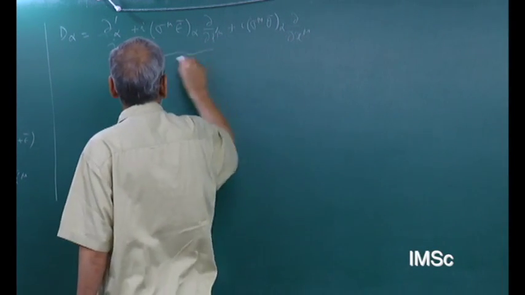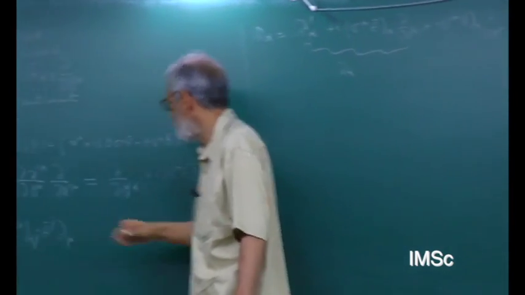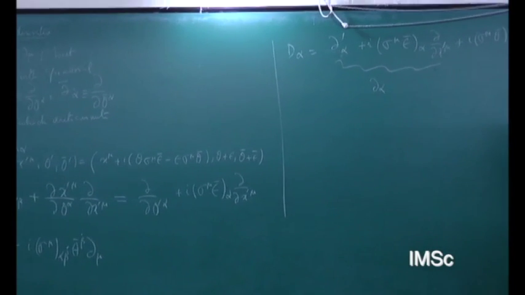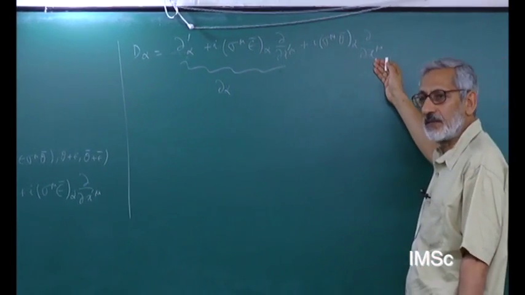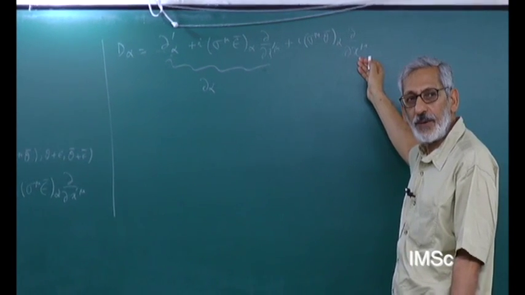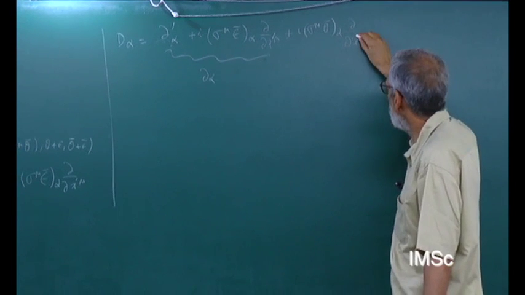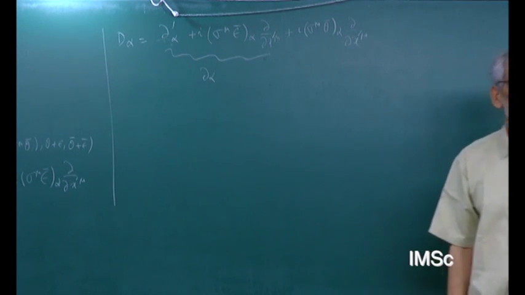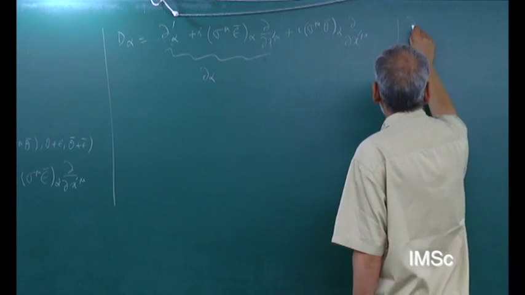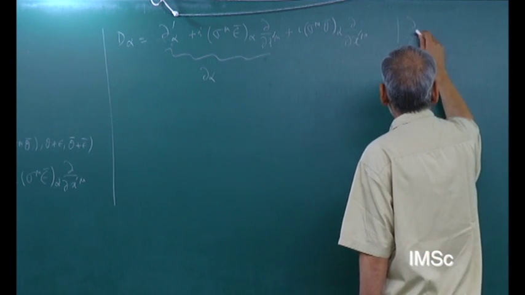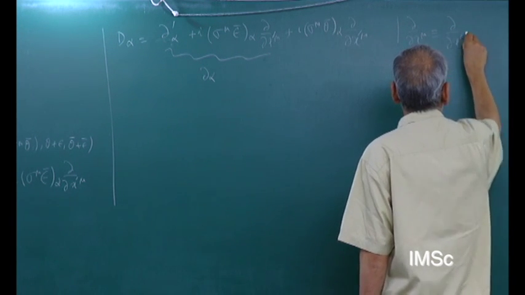This whole thing is what was d alpha, and this is the second term. Now the derivative of x in unprimed and prime coordinates is the same, so I could as well replace it by prime.